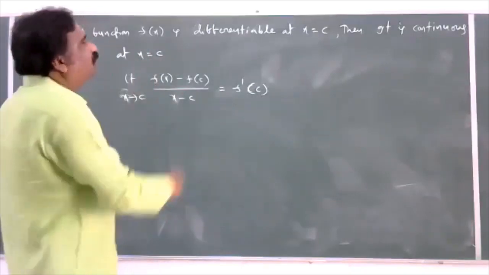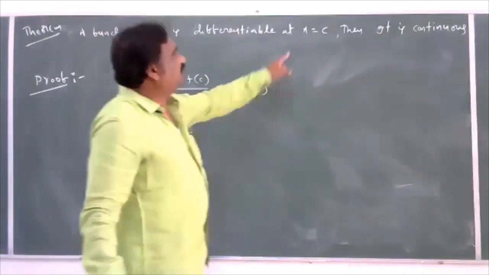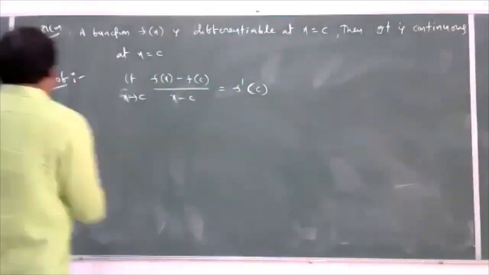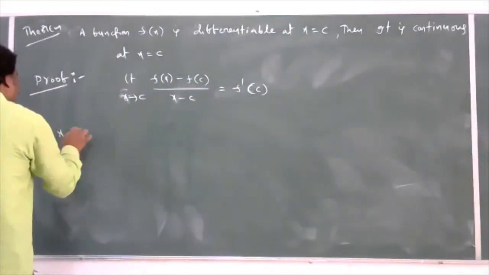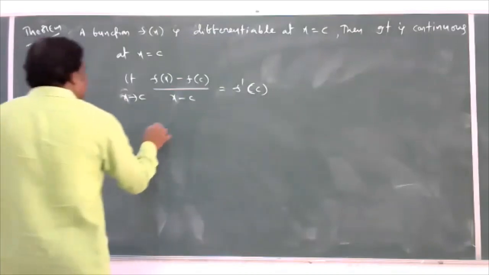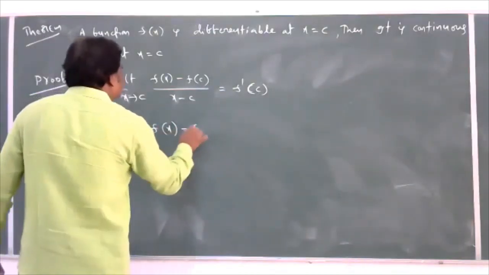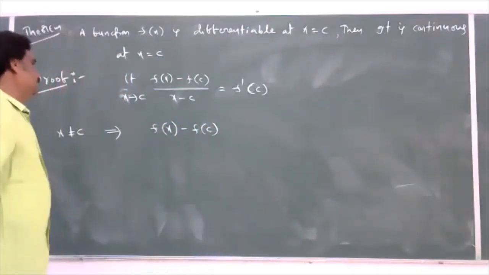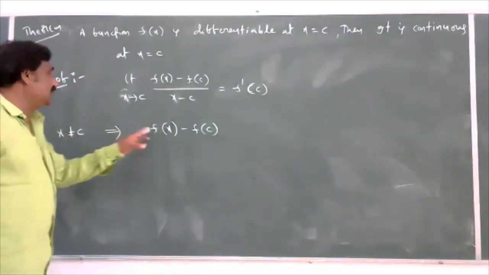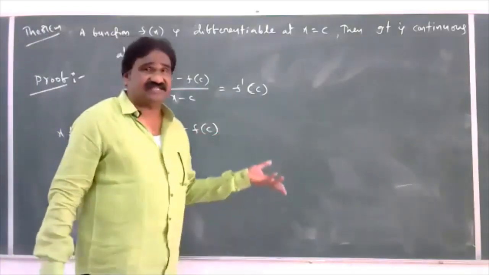Next, we want to prove this f of x is continuous at x equal to c. If x is not equal to c, we consider f of x minus f of c. If x is equal to c, then you get f of x minus f of c equal to 0.